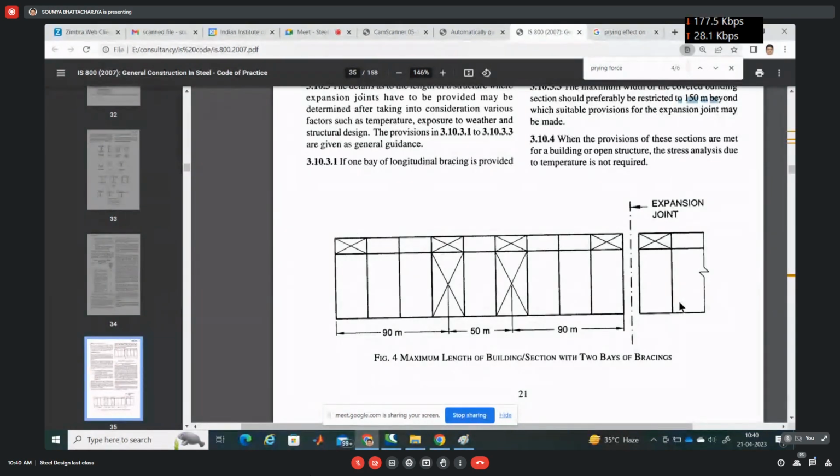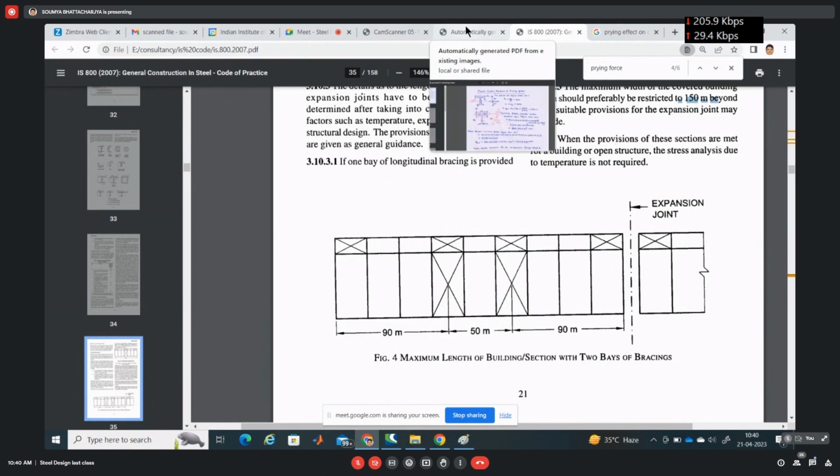If the initial length is within 45 meter for RC structure and within 150 meter for steel structure, you need not consider the thermal effect. Okay. Yes, sir. Anything more?